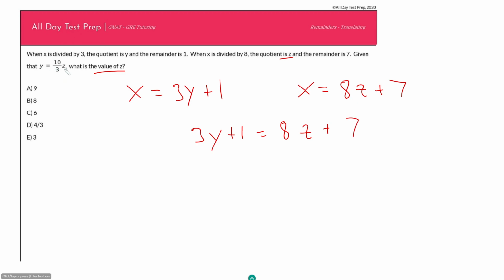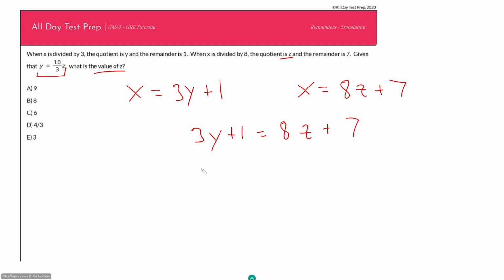We want to get rid of x because the information they give us is y in terms of z, and therefore having an equation with an x in it isn't going to be solvable. We're trying to solve for z here, so we want to put y in terms of z, which is exactly what we can do here.